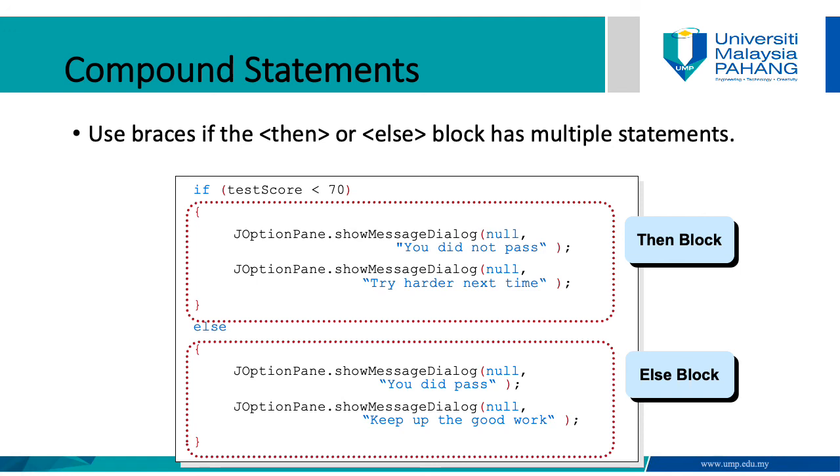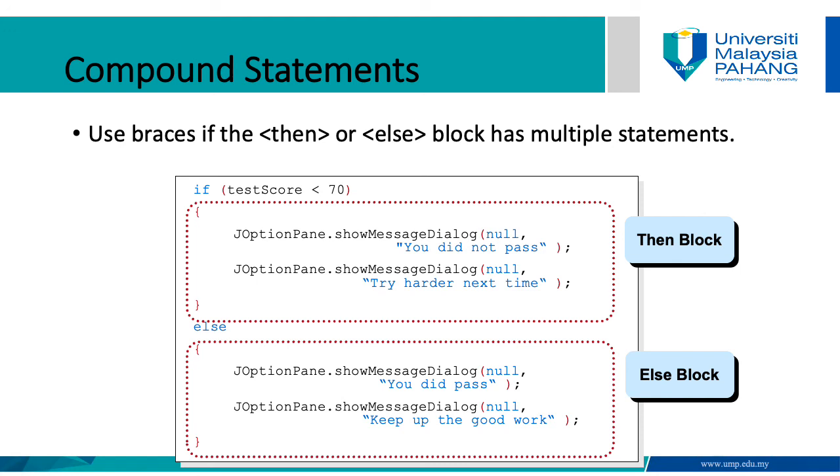First, you must remember that left and right braces are necessary to surround the statements if the then or else block contains multiple statements. So you look here, in this block of code, if test score less than 70, the whole statement in this first box must be included in one curly bracket.